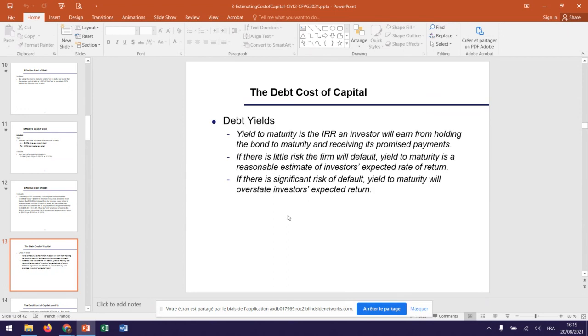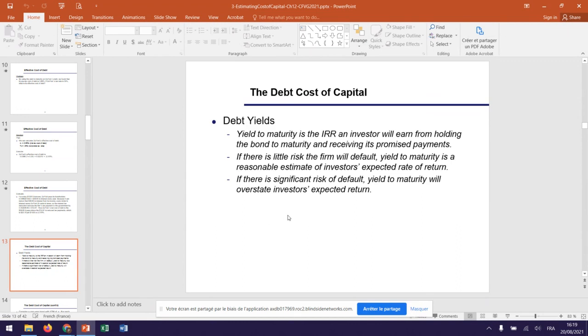Remember when you calculated the yield from bond valuation in your investment class? You take all the coupons with the principal or face value at maturity, and you calculate the R that makes the NPV, the value of the bond, equal to the price of the bond. This R we call the IRR, the yield to maturity.